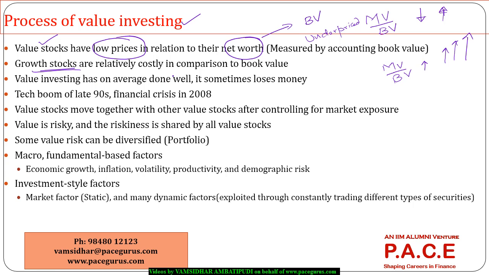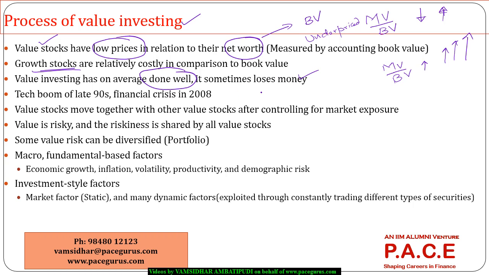So if I look at it historically over the past data, value investing in those stocks whose market value to book value ratio is much lesser, to a large extent we have seen that this kind of strategy has been doing really well across the period.